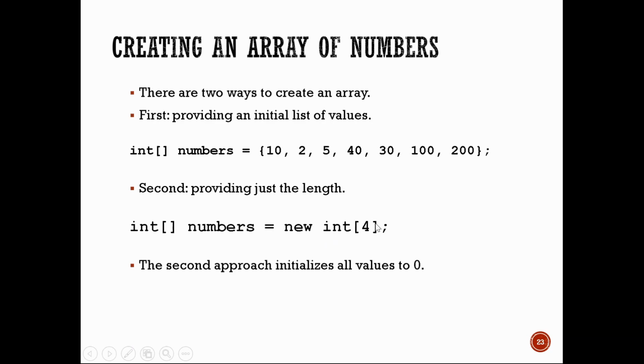The 4 here is the number of elements of the array that you created. This approach initializes all values of the array to 0. So the 4 elements that you have created are set to 0.